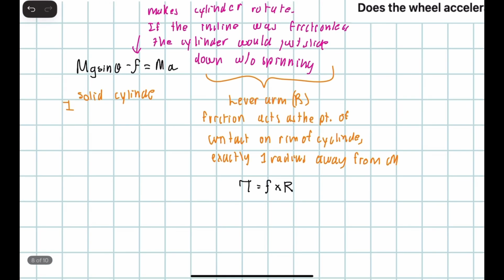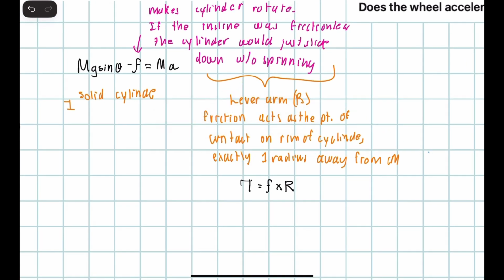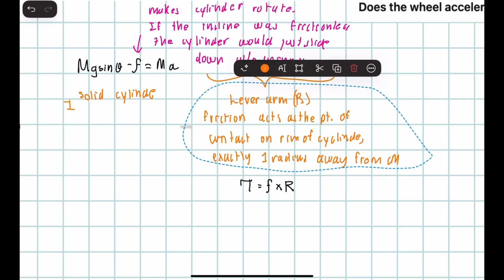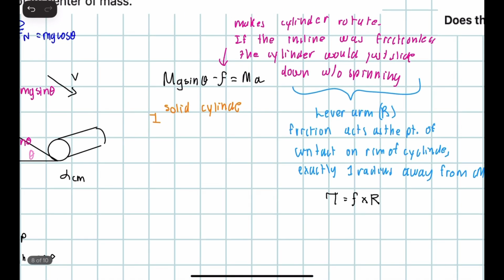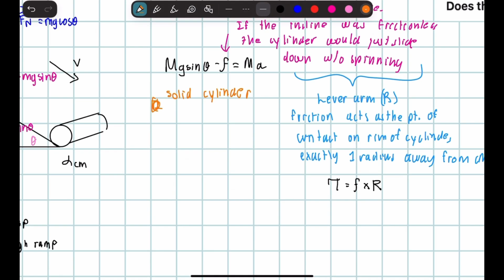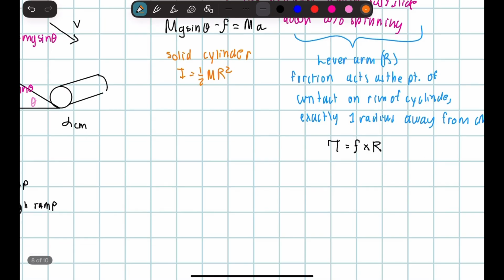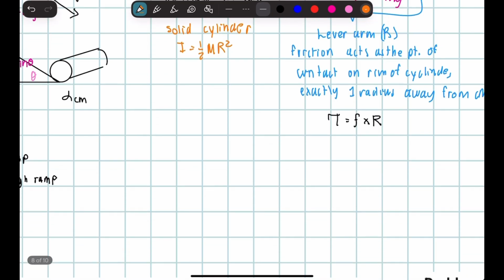I want to change this to a different color. Make this blue. For a solid cylinder, the moment of inertia is I equal to 1/2 mr squared. And we also have to know the angular acceleration, which is alpha. This is how quickly the spin speed is increasing.